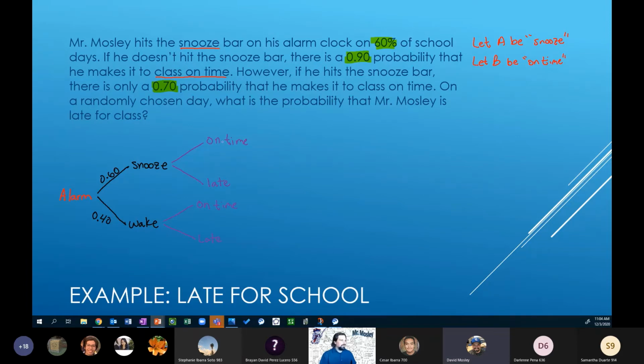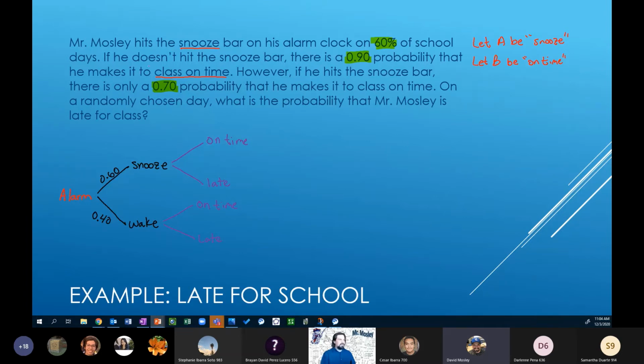Probability that I'm on time, let's see, we have 0.9 probability that I make it to class on time. That's when I hit the snooze bar. So if I hit the snooze bar, I have a 90% probability that I make it on time.